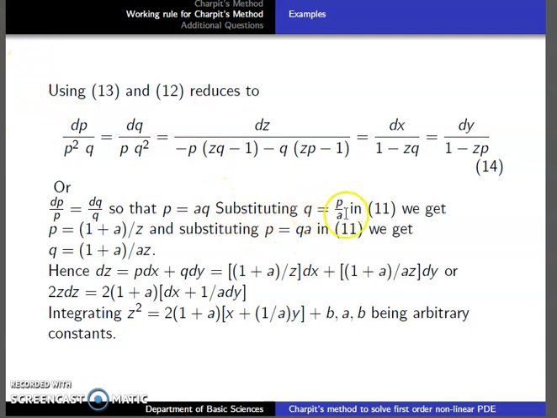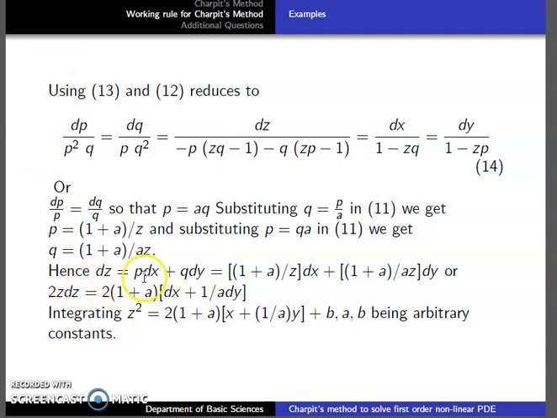Substituting q equal to p by a in equation 11, we get p equal to (1 plus a) by z, and substituting p equal to qa in equation 11, we get q equal to (1 plus a) by az. Thus we get the values of p and q. Then substitute the values of p and q in the equation dz equal to p dx plus q dy.